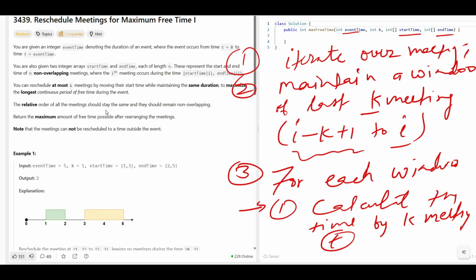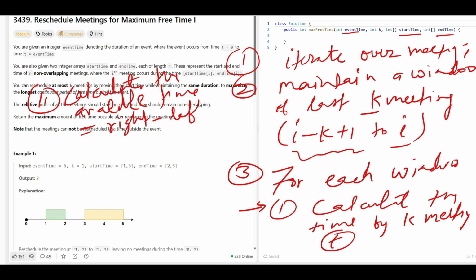Then in the next step, we'll calculate the available time. That will come from where? From right minus left, you can calculate.